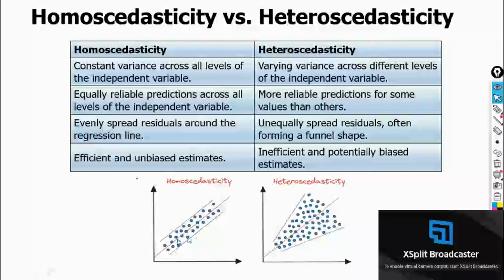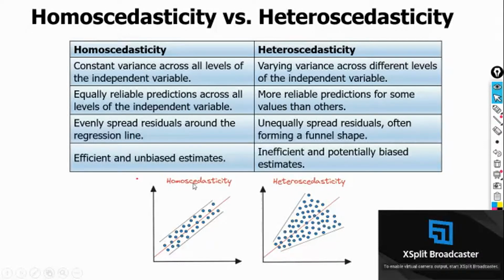The scatter that you see, if it's between two parallel lines, you can say it is homoscedasticity. If it is spread across non-parallel lines, these should be parallel to the regression line, the best fit line. But are they parallel? No. So here you can see a heteroscedasticity issue is observed.